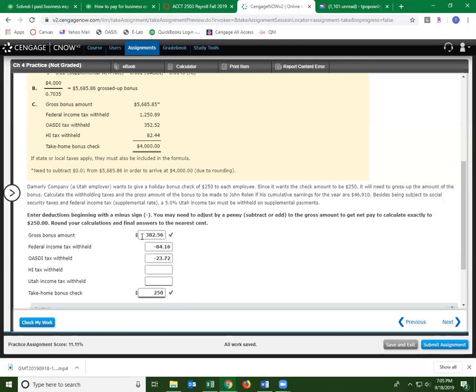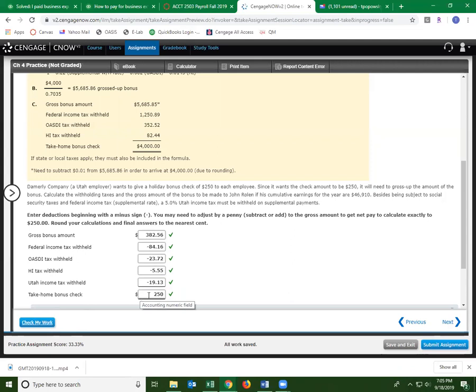For the HI tax, 382.56 times 1.45%, minus 5.55. And then for the Utah income tax withheld, the state tax is 5% of 382.56, $19.13.